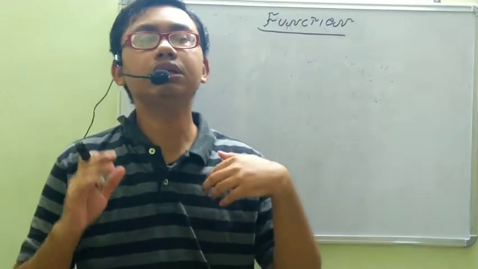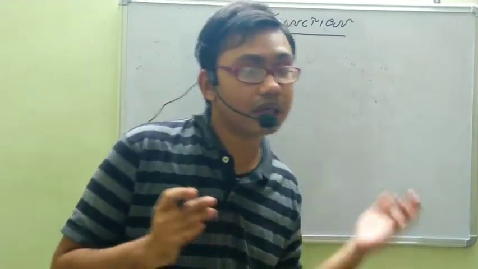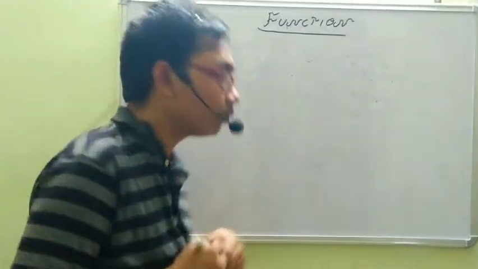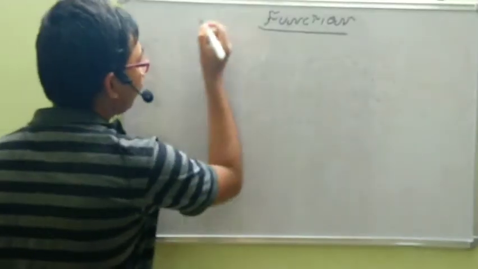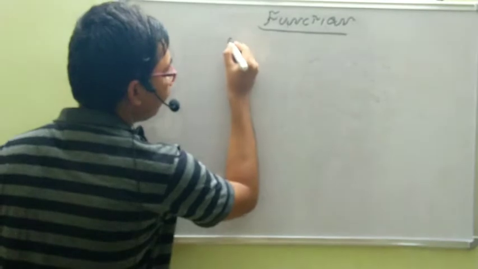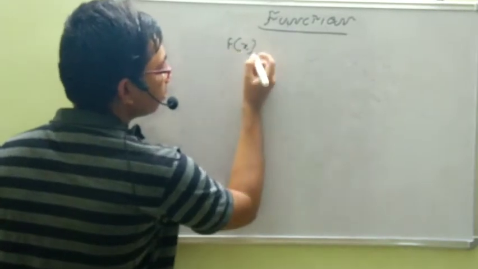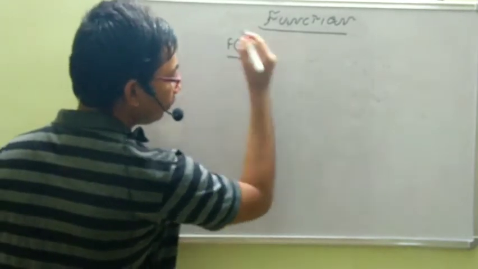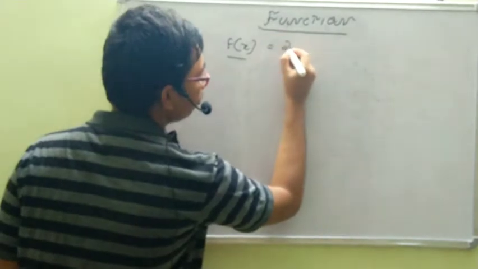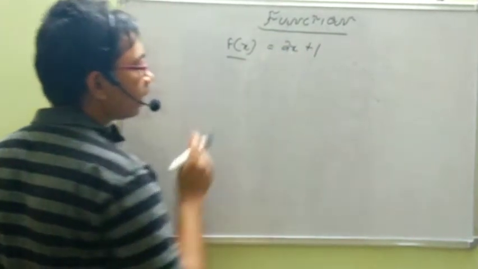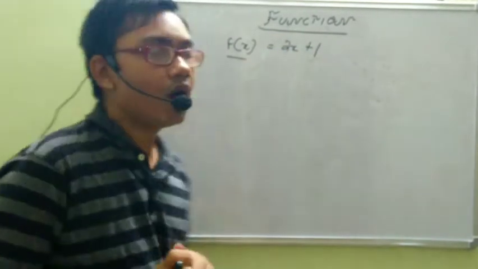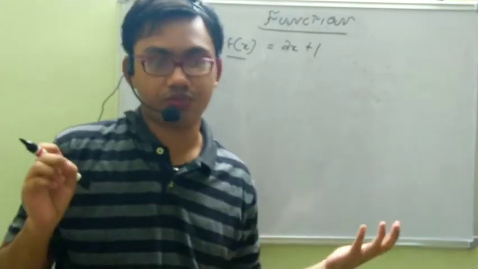Now, what is the relationship between a relation and a function? Let me tell you, if a function is given by f of x, this is the notation for a function, is equal to 2x plus 1. Now, how can we define a relation?